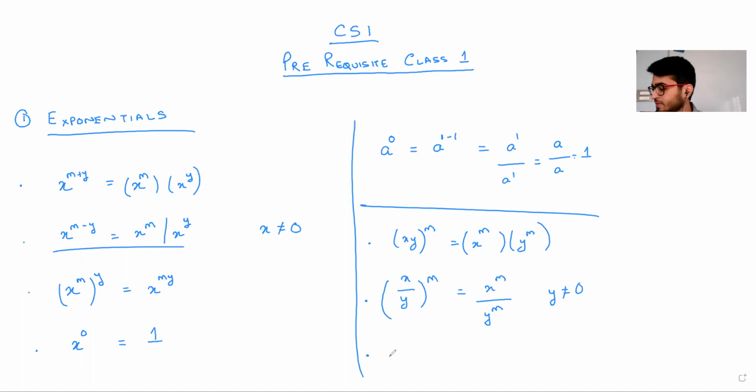And finally, what we have is x to the power, let's say, 1 by m. This can be written as nothing but the mth root of x. If you would recall, x to the power half, we simply write this as root x. We do not write anything here, and by default you understand that this is nothing but the square root of x.